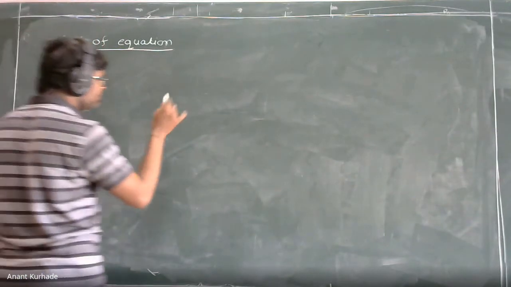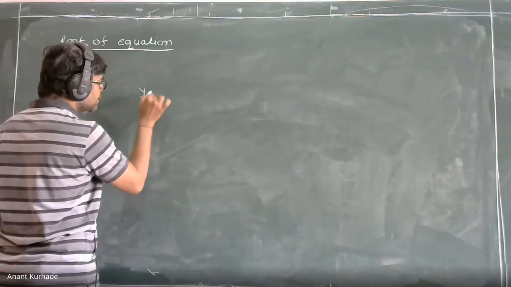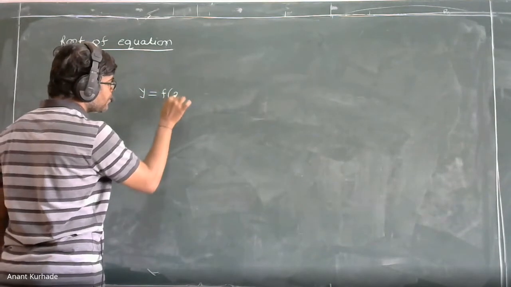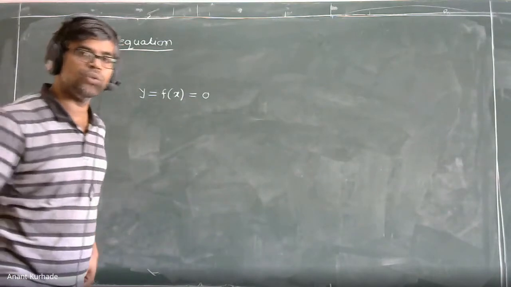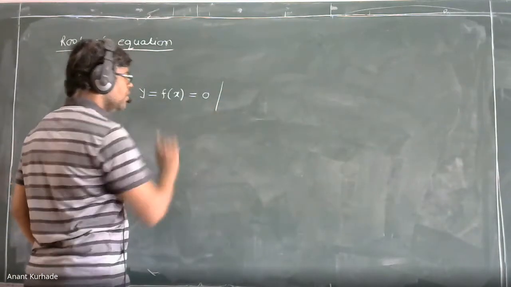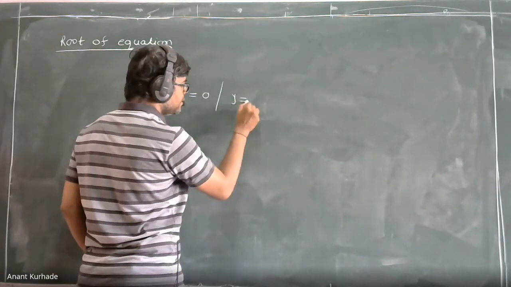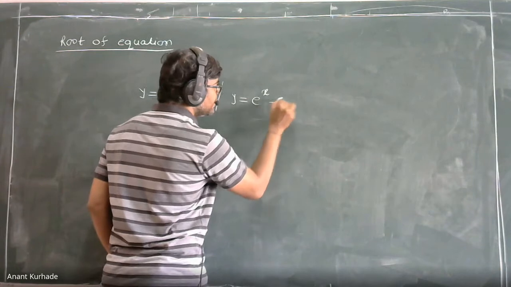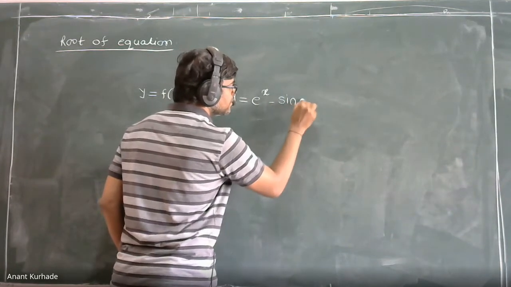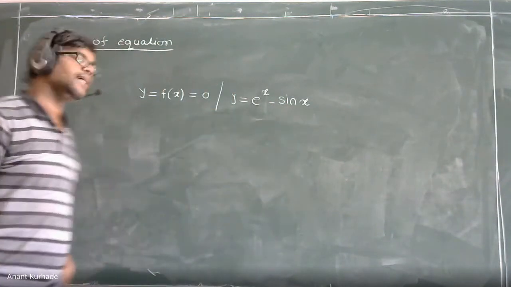Now see, if I have to provide you one equation, y is equal to f of x is equal to 0. Or I will give this example: f of x is equal to e to the x minus x minus sin x.